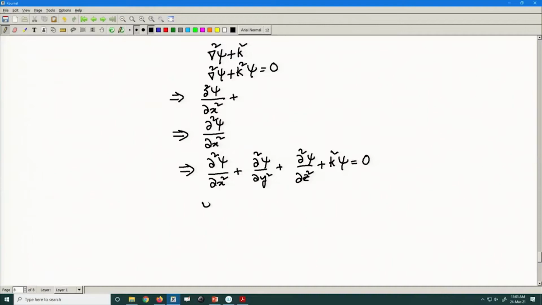So, we express psi as psi equal to X(x) Y(y) Z(z). So, capital X, capital Y and capital Z are the functional variations of psi, and small x, small y and small z are the coordinates.